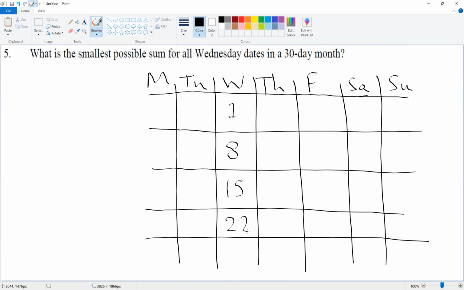And the numbers I got in the Wednesday column were 1, 8, 15, 22, and 29. So I added them all together and I got 75.